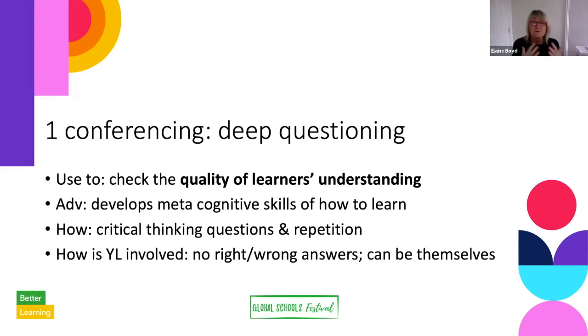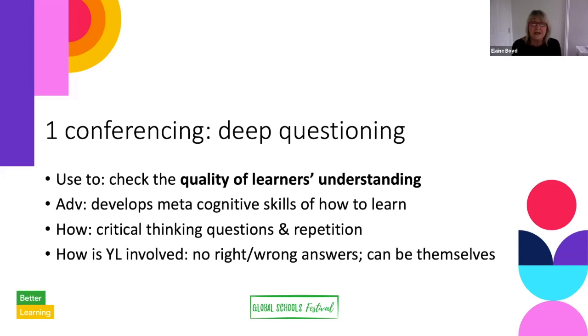It doesn't happen overnight, but if you do it over a year or through the years while they're young, they slowly begin to understand how they're learning, and they can start to use that to help themselves. And the kind of deep questioning we do, even with little learners, can be what we call critical thinking questions, or asking them to repeat things. The young learner can be involved in this because there's no right or wrong answers.